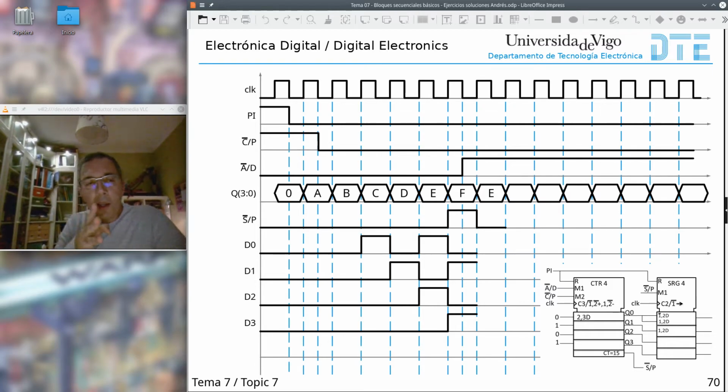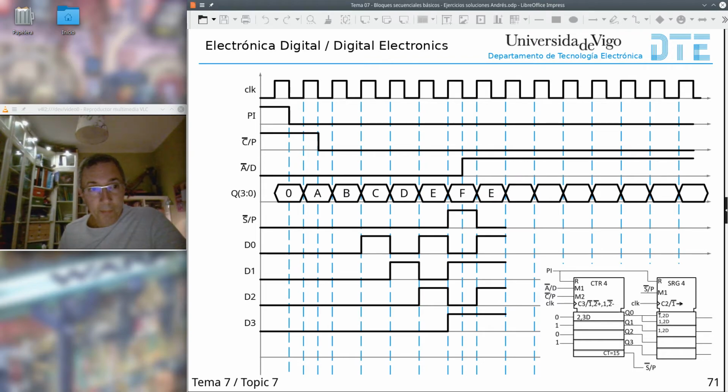We are going to put the values of Q into the shift register. And that means that Q was F. The 4 bits of F are set to 1. So we are going to put 1, 1, 1, 1 in D0, D1, D2, and D3. This is an odd change because the 4 bits will become 1.